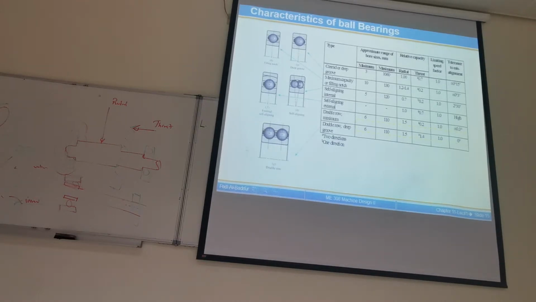Another option of increasing the capacity without increasing the radial size of the bearing is to use a double row, just like the bearing we have. So a double row, look, it has increased about 50% in the capacity of the bearing, as well as the thrust load has increased. But look at the misalignment tolerance.